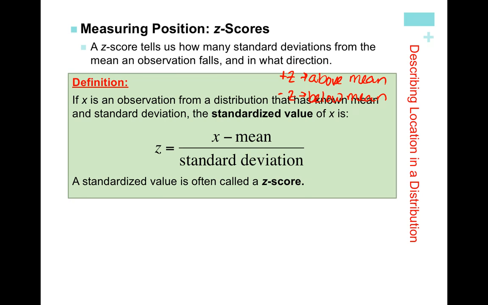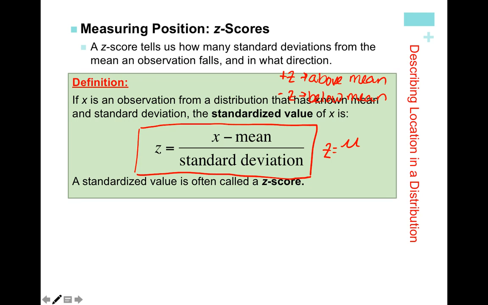Here is a formula for your z-score, and this is something you're going to want to memorize because we use it all the time in this course. You take your particular score minus the mean, divided by the standard deviation. Again, it's a standardized value, or a z-score. You also will see this written as z equals x bar minus mu.